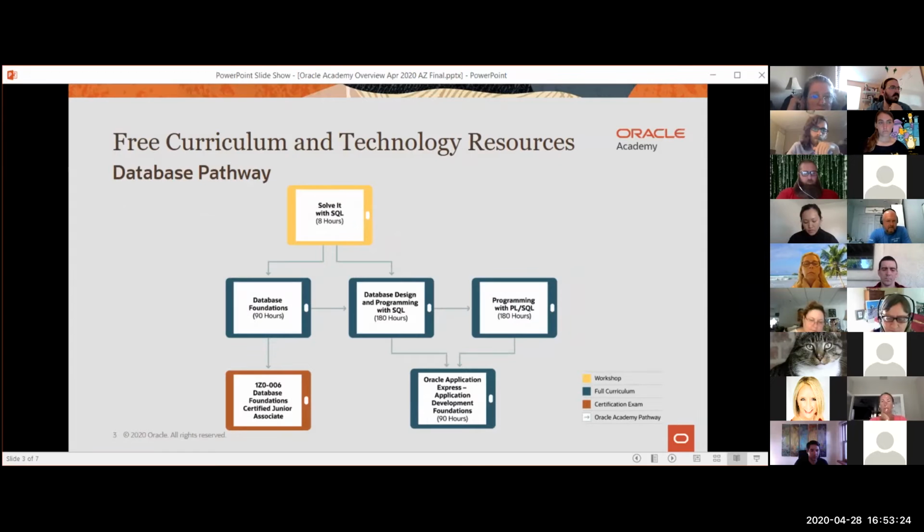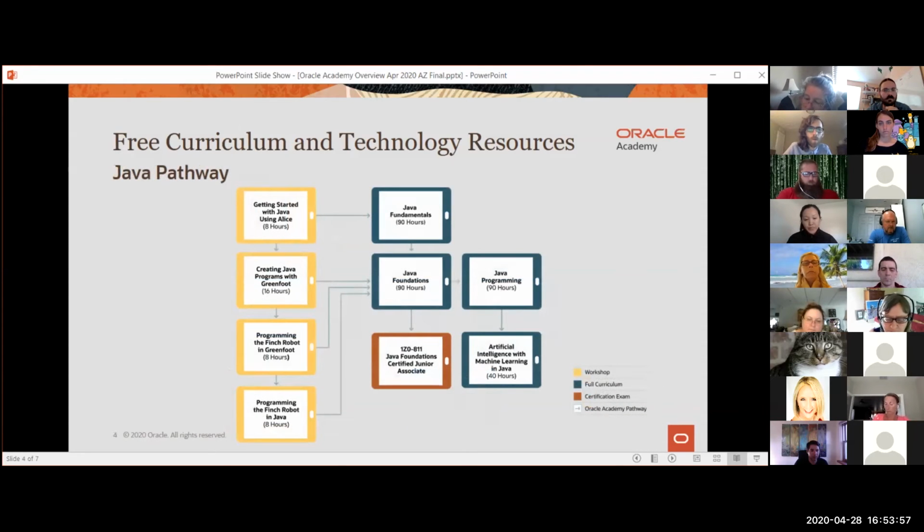And all 3 are aligned to industry certification. The yellow box above is what we would call a workshop in a box. It's about 8 hours worth of curriculum, and it's ideally suited for our 7th and 8th grade students. The database foundations, database design programming with the SQL, PL/SQL classes, those are definitely upper high school and into college and university. And then you could see the alignment to certification as well.